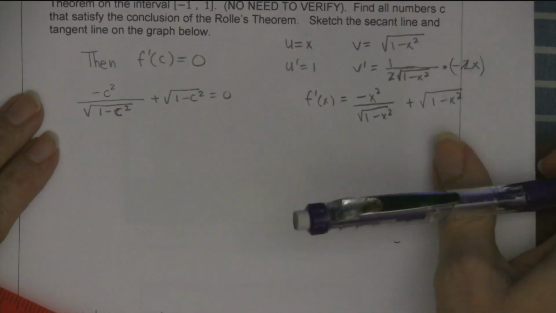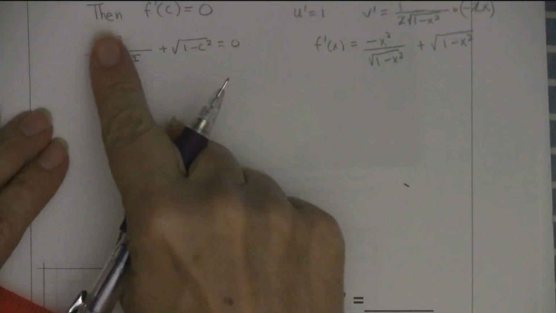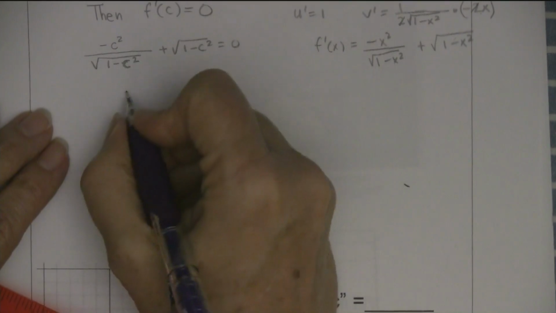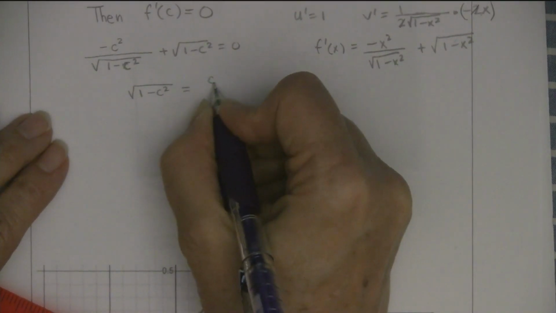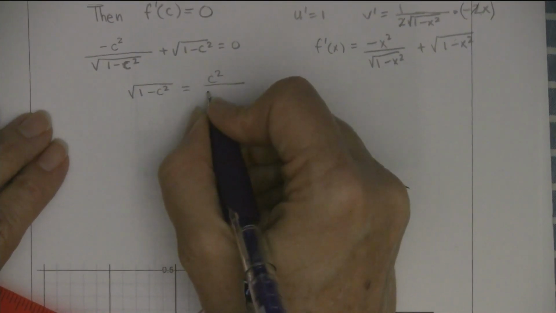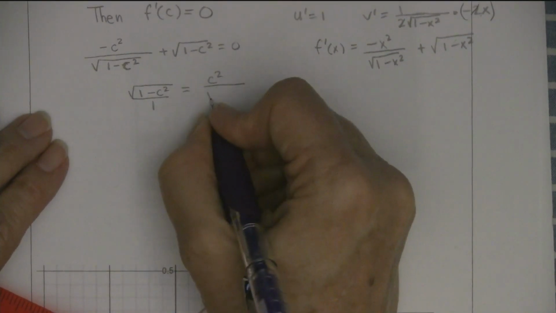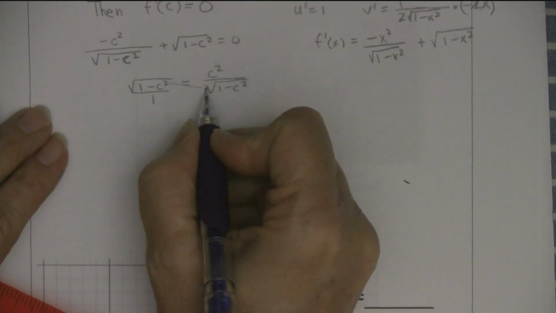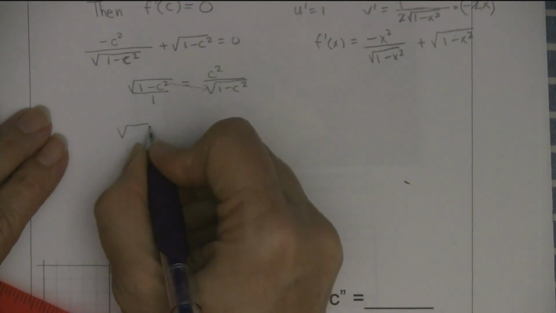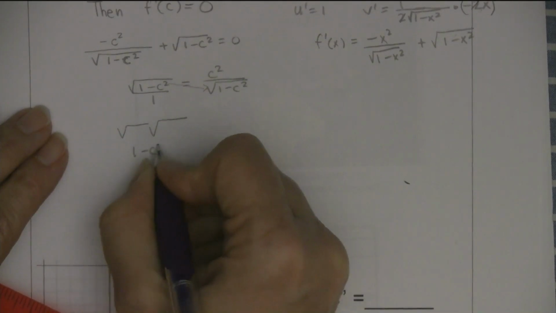So I'm thinking about hopping this over here and cross multiplying. I'm kind of about cross multiplying tonight. So this is going to be C squared over 1, and over this, 1 minus C squared. And that works pretty well, because when you multiply these together, you get the square root times the square root, which is 1 minus C squared, right?